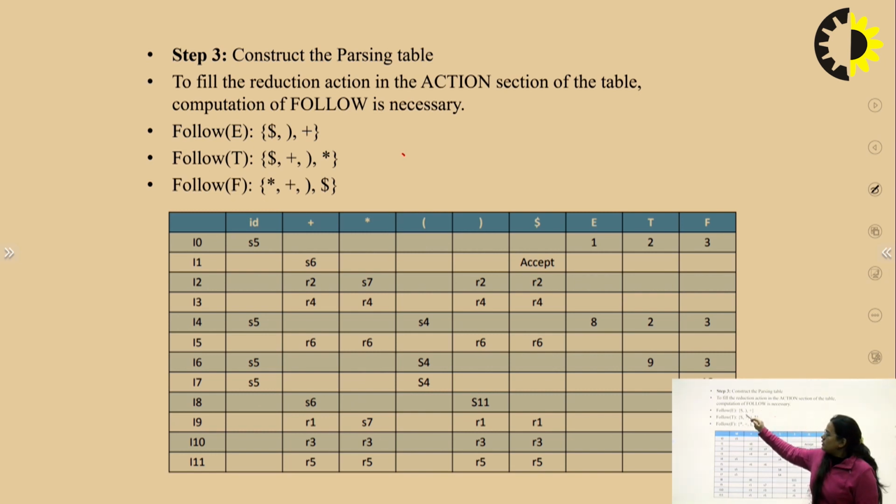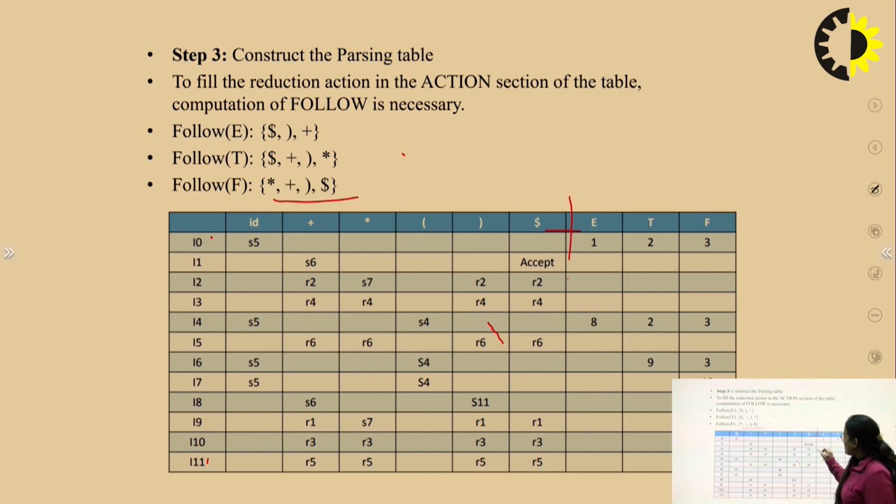Follow of E is dollar, closing bracket and plus. Follow of T is dollar, plus, closing bracket and star. Follow of F is star, T, closing bracket and plus. Okay. I0, I1, I2 up to I11, total 11 states, and these are all the terminal symbols.